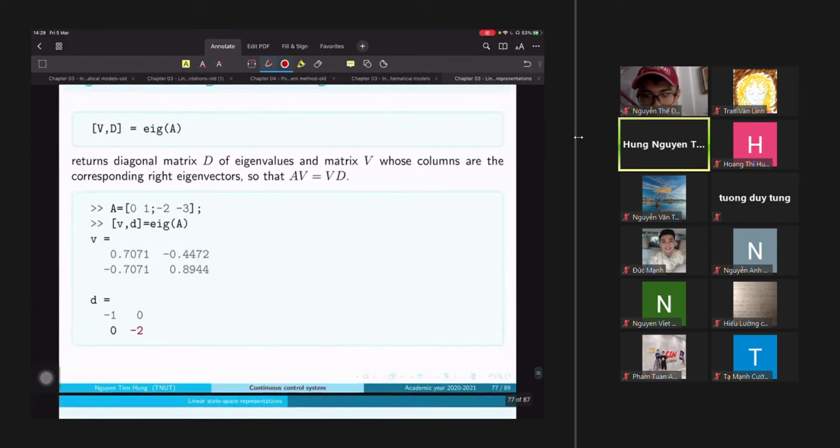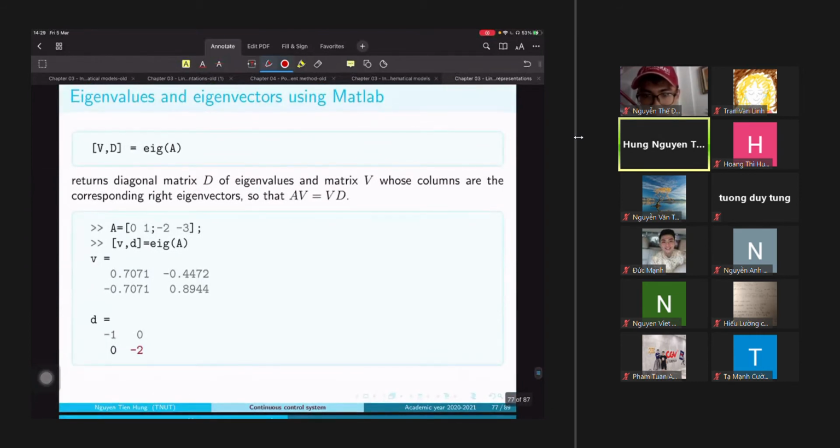After that, I will show you how we can calculate the eigenvalues of matrix A. If you use eig like this, MATLAB will return V, the eigenvectors, and D, a diagonal matrix of eigenvalues.